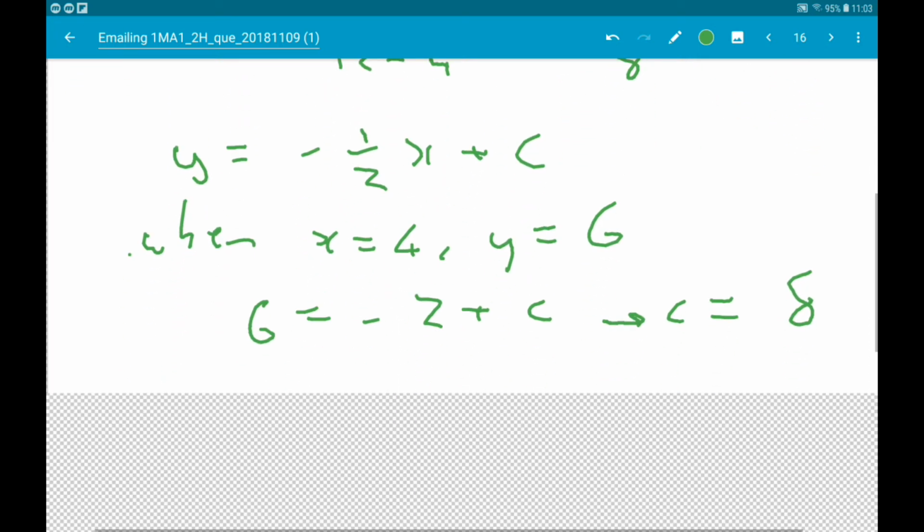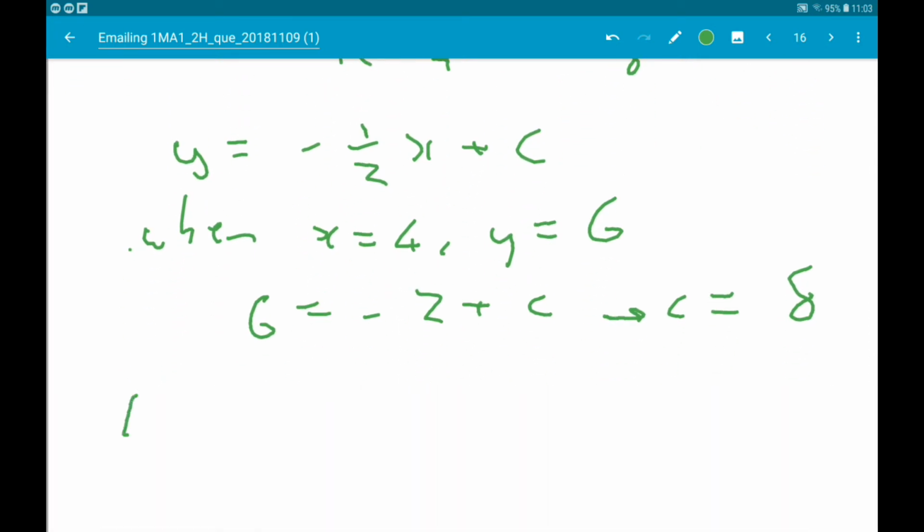So L1 has coordinates, no it doesn't, it has equation y is equal to minus 1/2 x add 8.